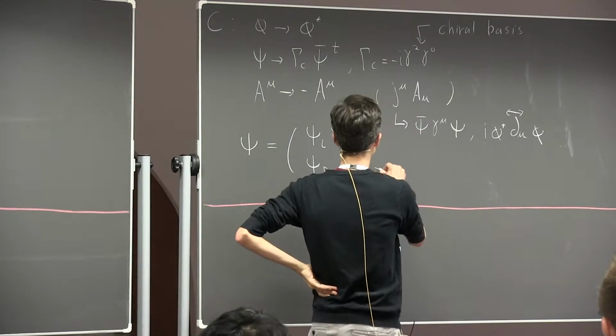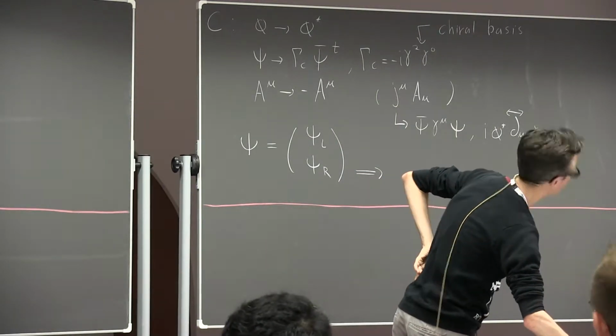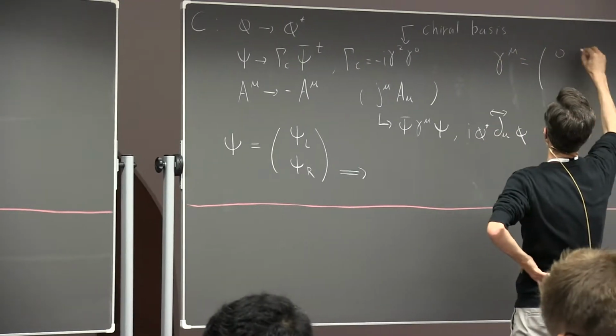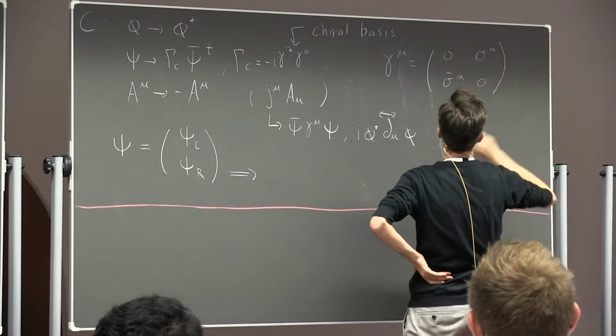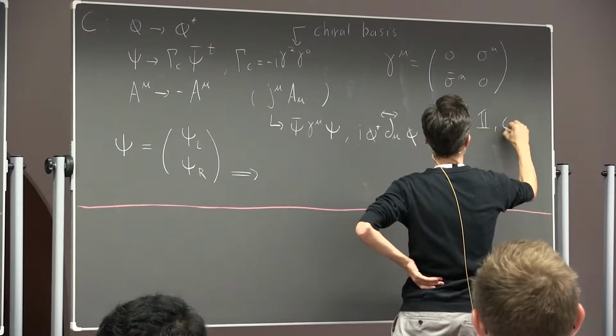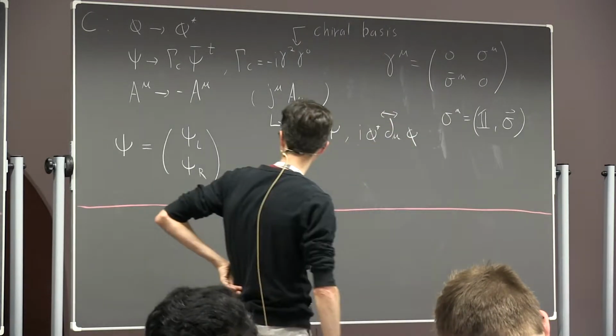I'll remind you that gamma mu in the chiral basis is sigma mu, sigma bar mu, where sigma mu is the matrix 1 and the Pauli sigma matrix, and for sigma bar I just put a minus sign here. Standard stuff.